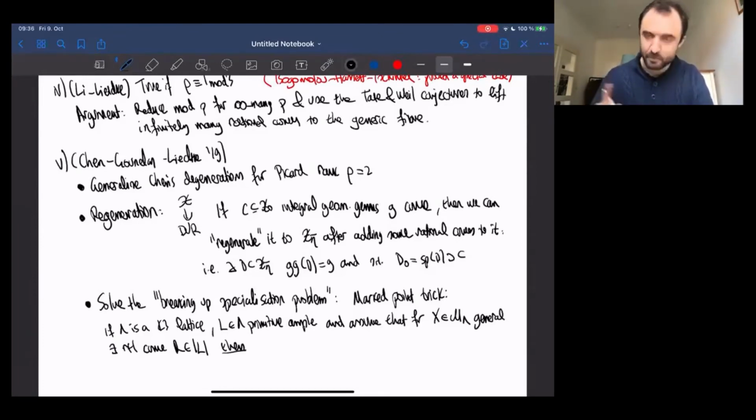Well, sorry, I should be more precise. Then the same thing is true for every K3 whose Picard group is isomorphic to lambda.